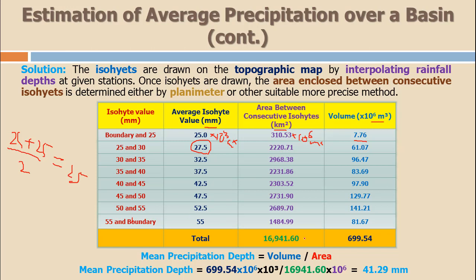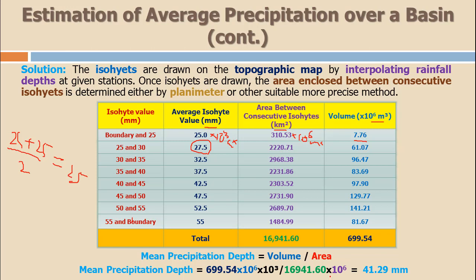So now the mean precipitation will be what? Volume divided by area. So this is the volume, 699.54 into 10 raised to the power 6, divided by area, which is this one. Again, remember, this is in cubic meter and this is in square kilometer. So to convert it into square meter, we will write down here 10 raised to the power 6.